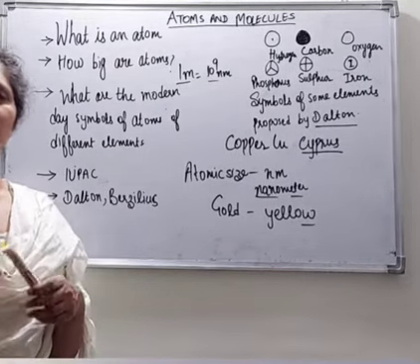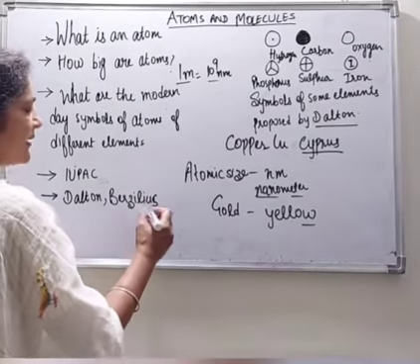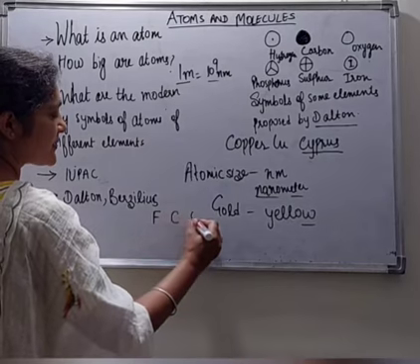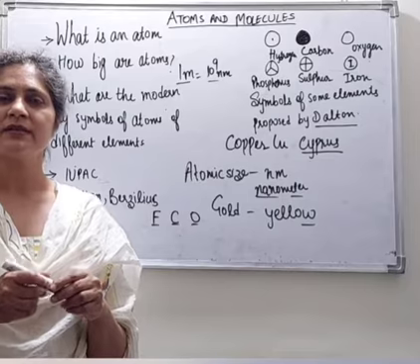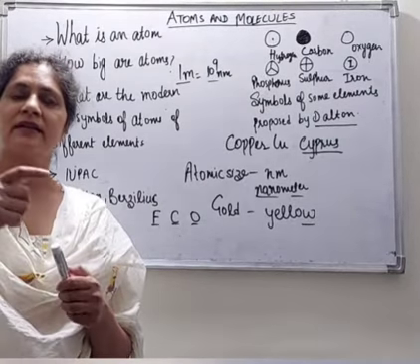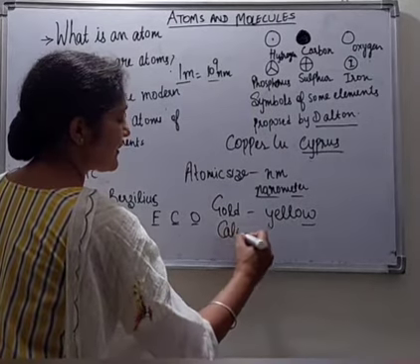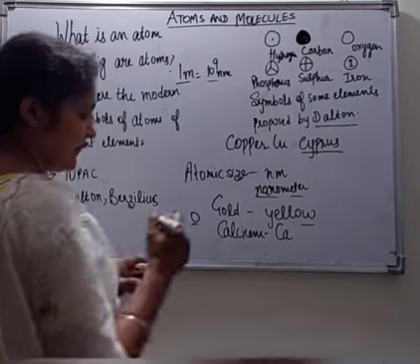They are mostly the first letter of the element, like we can say fluorine, carbon, oxygen. In some cases, there are first and second letters, like calcium. Its symbol is C and a.